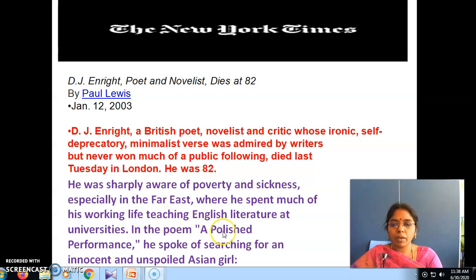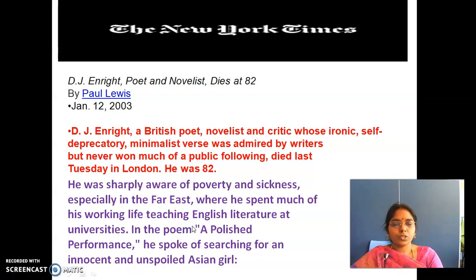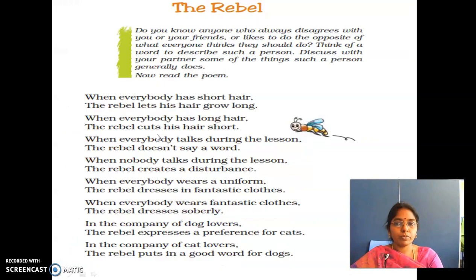In the poem A Polished Performance, he spoke of searching for an innocent and unspoiled Asian girl. We saw the word explored; relate to this and try to find the meaning of explore. So I hope you understood about the poet D.J. Enright. Shall we move on? The Rebel.